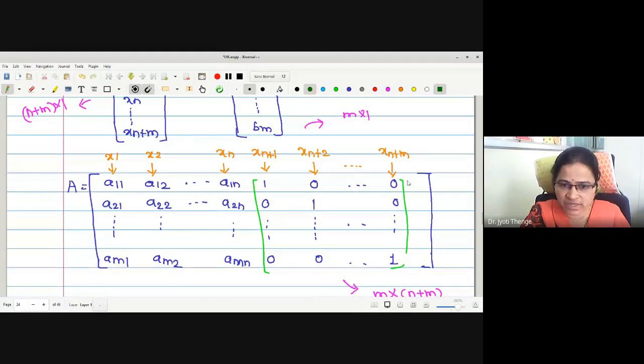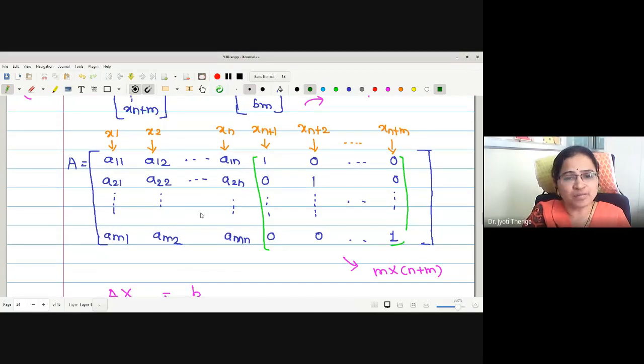Now, out of these n plus m variables, we keep n variables at 0 so that we are left with only m variables. Those m variables are selected such that the determinant of the coefficient matrix is non-zero. For the time being, suppose I have selected x(n+1), x(n+2) to x(n+m) as the basic variables, and we have kept the values of the other variables as 0.